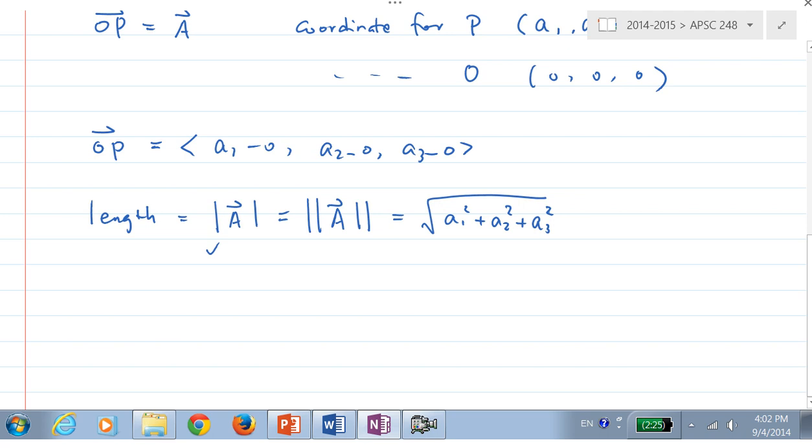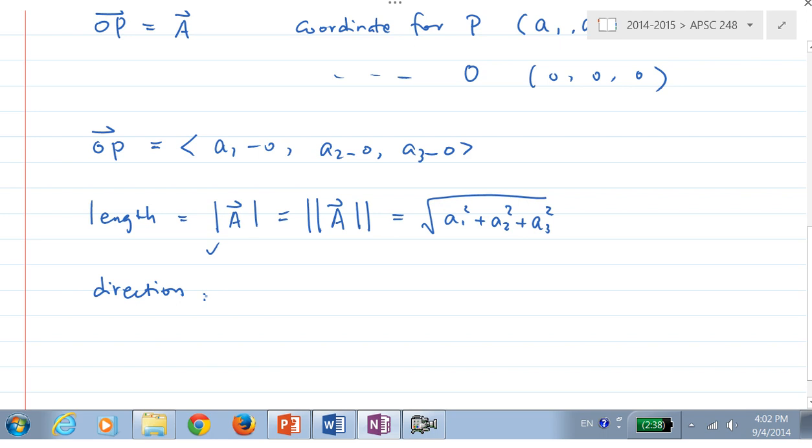Okay. Now back to the simple concept, direction. So when we said there's a length, there's a direction. So what would be the direction? I use a unit vector to represent the direction. Because you see, when I'm pointing to that direction, I can have a vector of this much length, I can have a vector of this much length, and they all point into the same direction here, right?